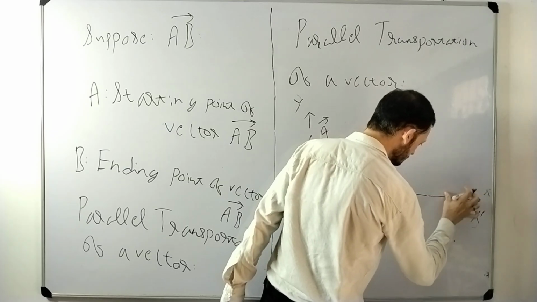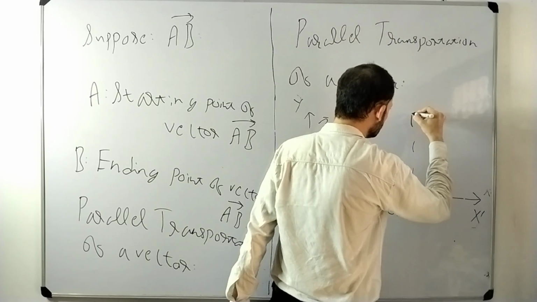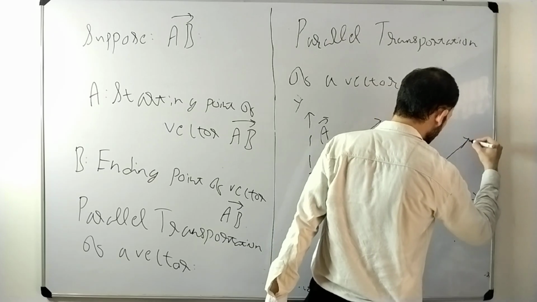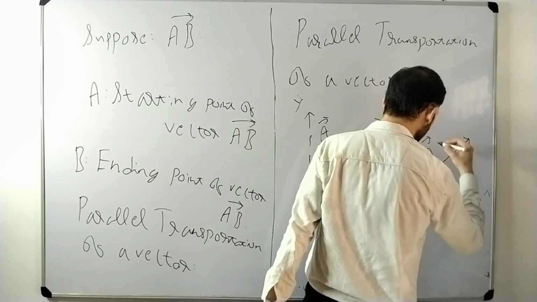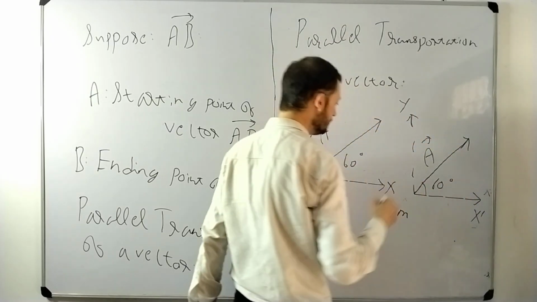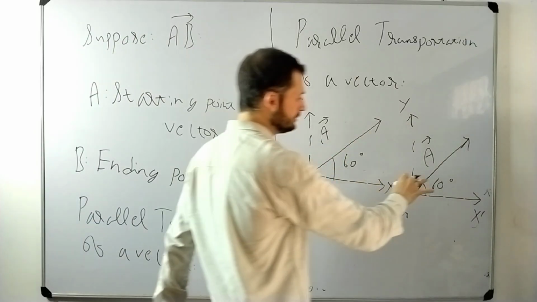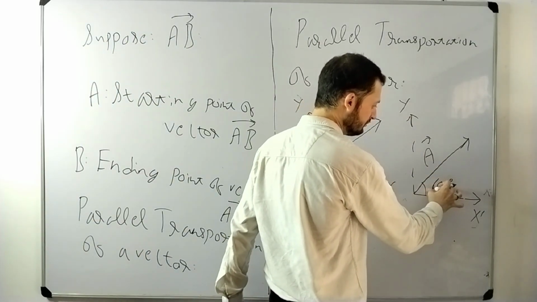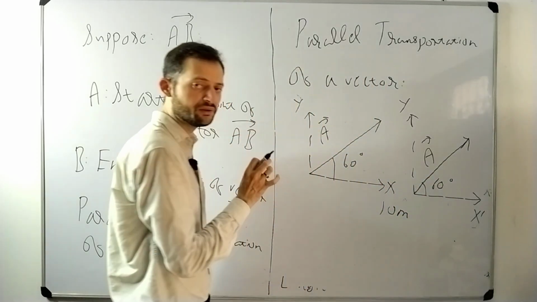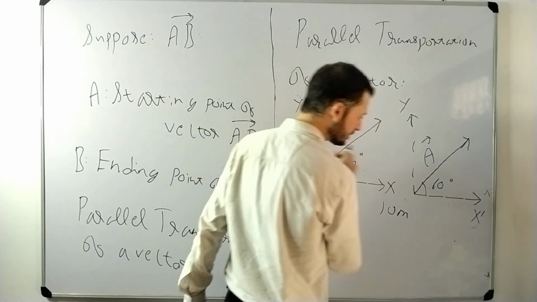This is the y-axis, and this again remains vector A, making 60° here. So the magnitude, the length, is the same, and the direction is the same. We say that the vector is parallelly transported.